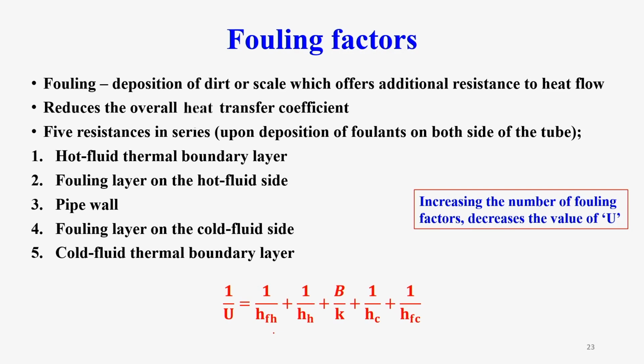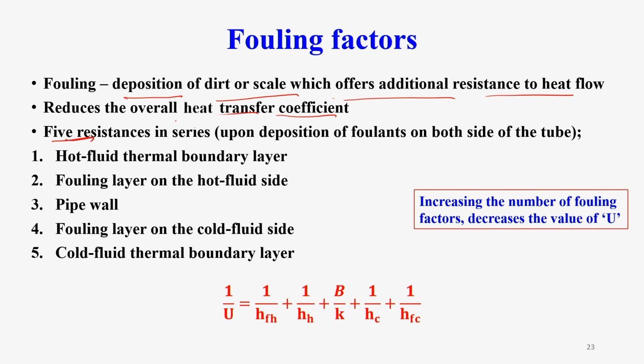Now, as the solid surface comes into contact with fluid, there may be fouling, which is the deposition of dirt or scale, and this offers additional resistance to heat flow and ultimately reduces the overall heat transfer coefficient, because resistances will be increasing. Earlier we considered three resistances, now we are going to consider five.